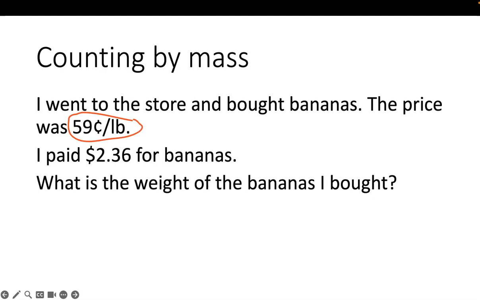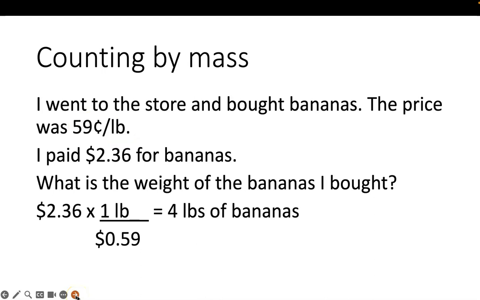So what I could do is take these 59 cents per pound and use it as a conversion factor along with the amount of money that I paid. And how would I figure that out? Well, I could take the amount of money that I paid and use my 59 cents per pound as a conversion factor.